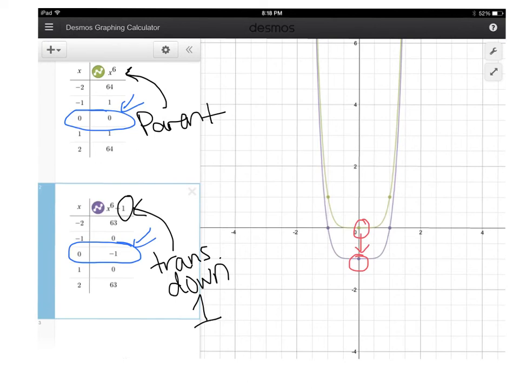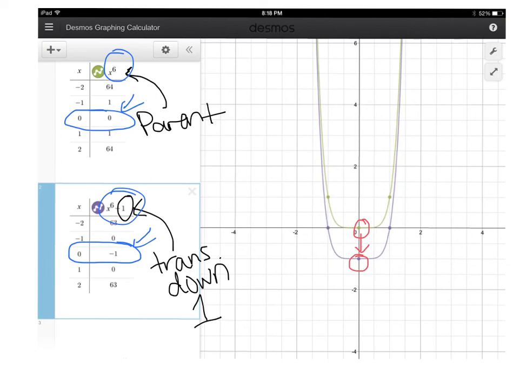So all I'm asking you to do for this lesson is to be able to look at these different monomials, which the parent functions are always going to be monomials, one term, and then you're going to be asked to graph some sort of polynomial, in which case this x to the 6 minus 1 is considered a binomial because there are two terms, x to the 6 and minus 1.